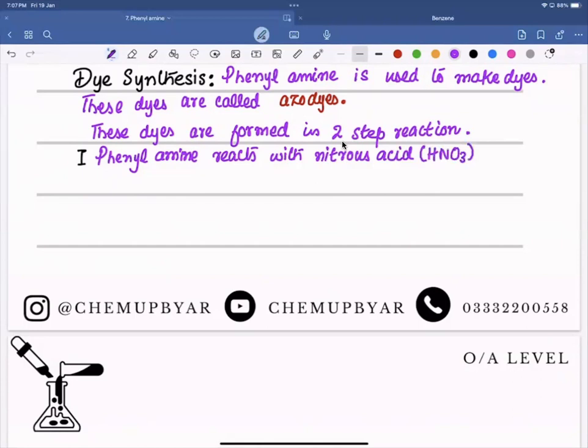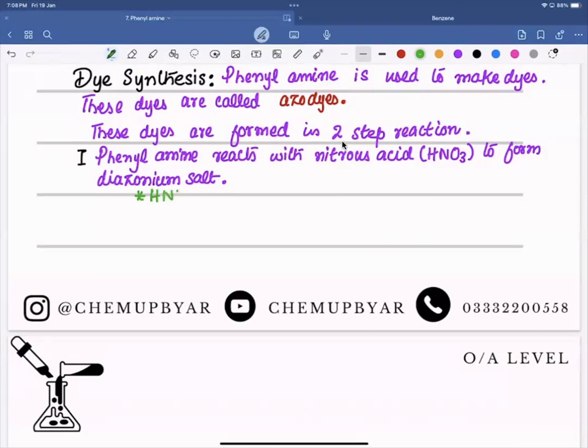Basically, nitrous acid, as I have discussed earlier, is an unstable acid.